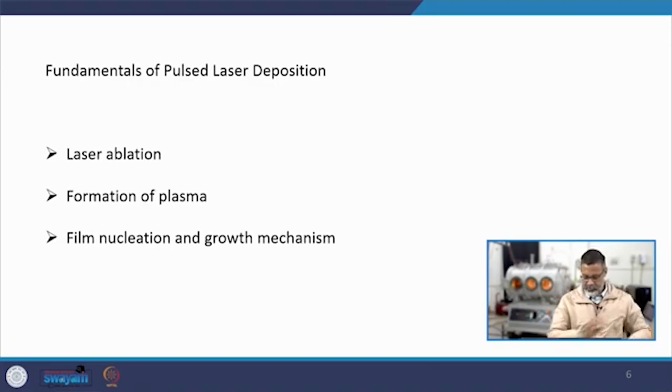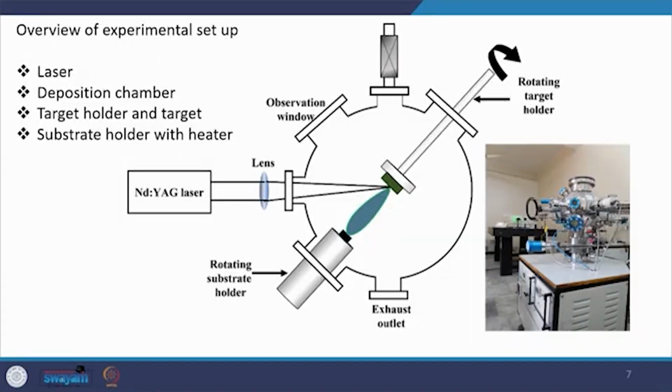onto the substrate. We will give a small description of the overview of the experimental setup of the pulsed laser deposition technique. Here you can see that there is an Nd:YAG laser. I have shown this because we use these lasers in our laboratory in the physics department of IIT Roorkee.